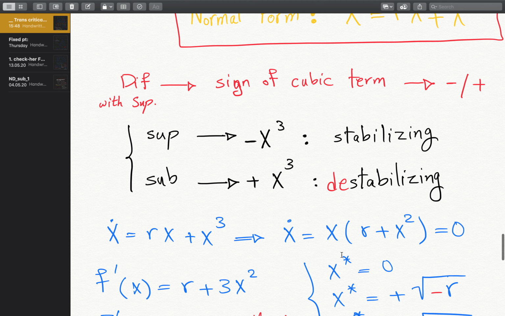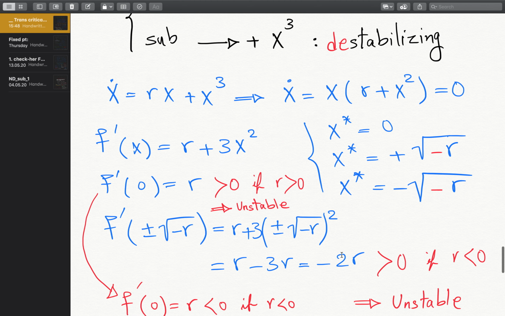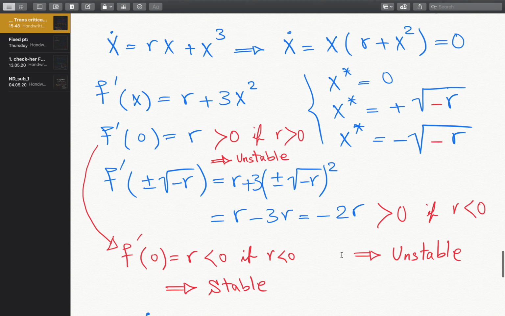You can see it in the bifurcation diagram. So again you have x dot equal to rx plus x cubed, and you factorize it as x times (r plus x squared).